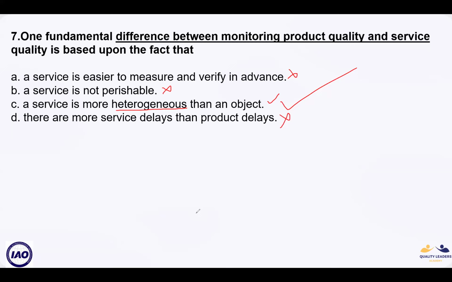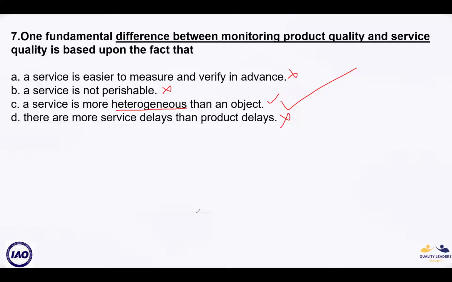Whereas a tablet or a device manufactured in a factory is very much identical across all the units, a nurse care interaction is never exactly the same, right? So this variability or heterogeneity is why we monitor service quality, and it is fundamentally harder for us, right?